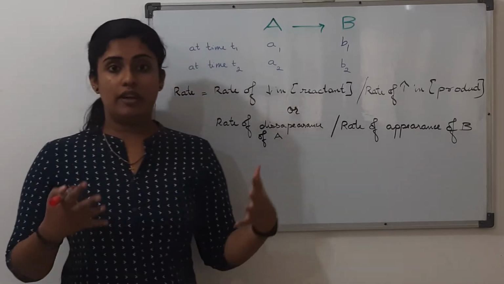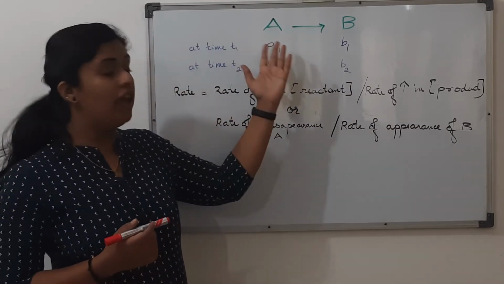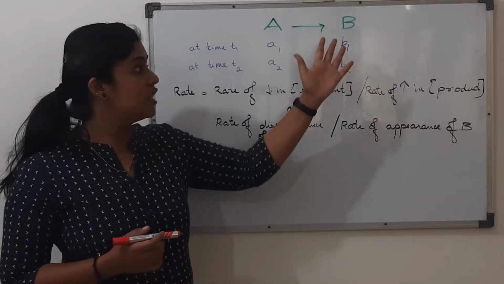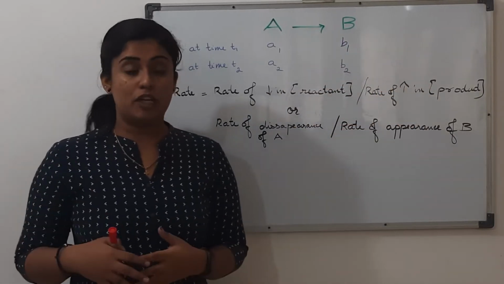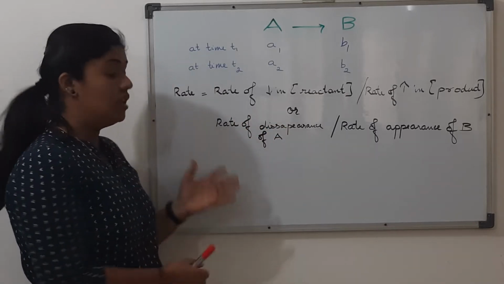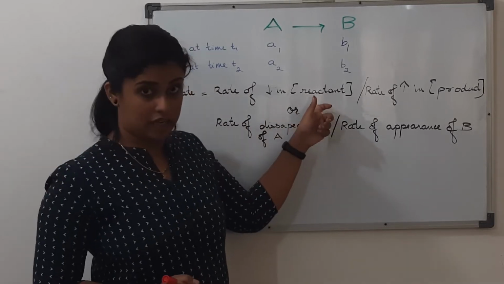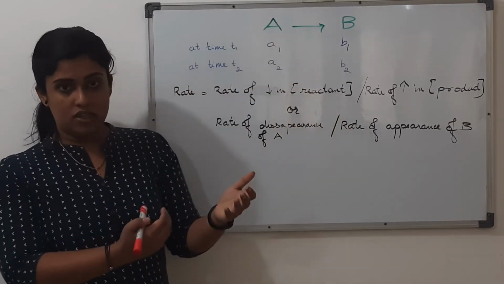So the rate of the reaction can be expressed as the rate of change in concentration of A or the change in concentration of B with respect to change in time, right? So the rate of the reaction can be written as the rate of decrease in the concentration of the reactant, because the reactant concentration is decreasing.